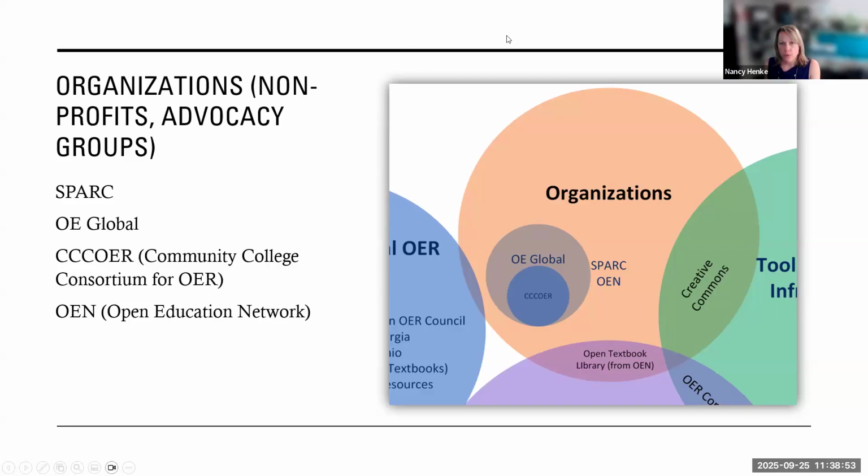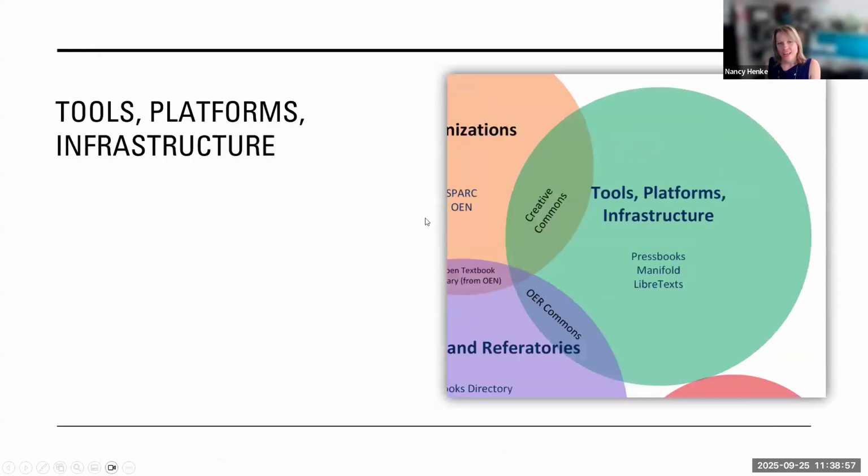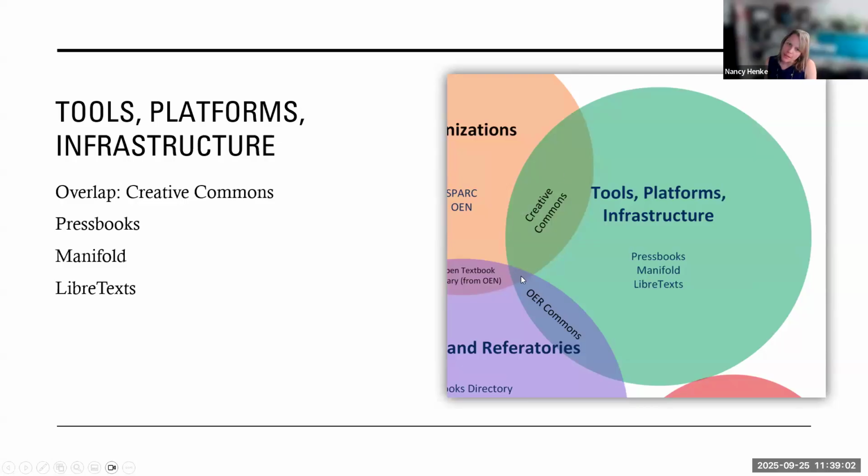And so then let's jump from organizations to tools, platforms, and infrastructure. First, you'll notice the overlap is Creative Commons. Okay, because Creative Commons is its own organization and they do education about all these different things, but they're also infrastructure big time, because Creative Commons licenses are infrastructure that works within copyright law that basically allows for open education, like OER activities, to happen.